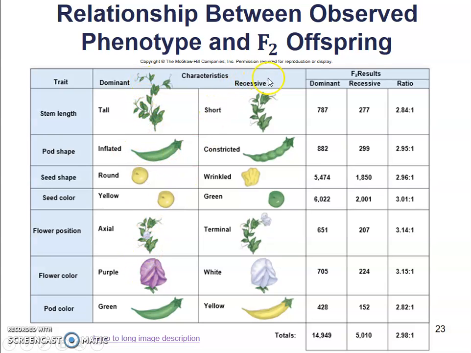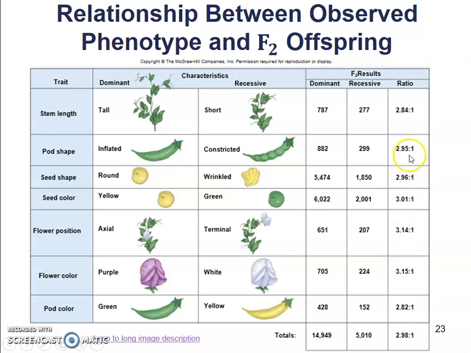If we go over here to the numbers in the F2 generation, you can see that there are way more organisms with those dominant traits than there were recessive. If we go back to that Punnett square, you'll see that it's roughly 3 to 1. 2.84 to 1, you round up, that's 3. 2.95 to 1, you round up, that's 3 to 1.